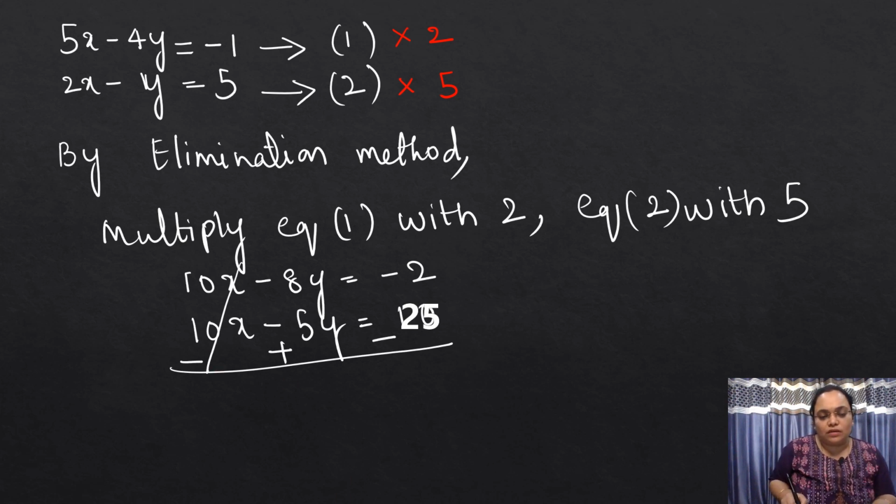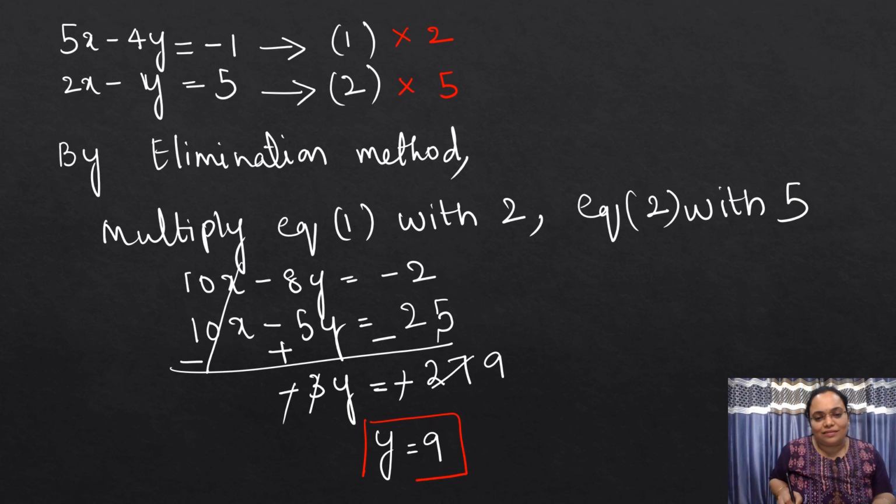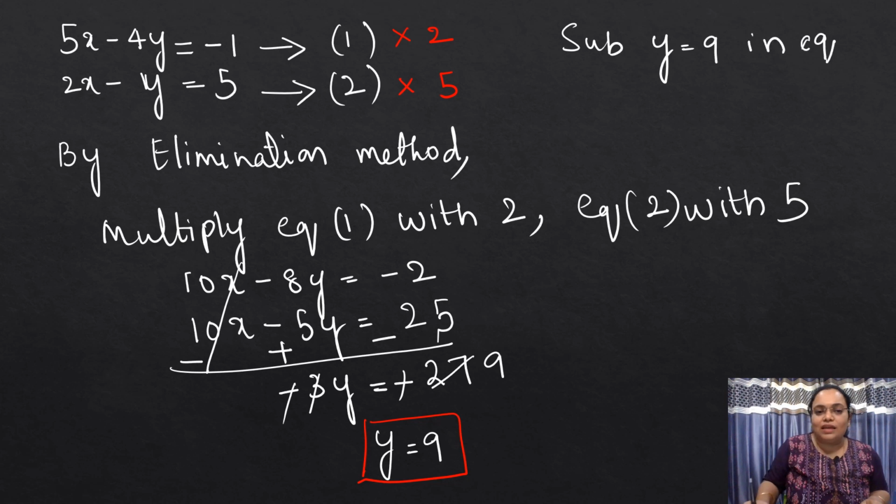This will be minus 3y equals minus 27. So minus minus gets cancelled. 3 ones, 3 nines are 27. So what is the y value we have got? y equals 9. The y value is 9. Substitute y equals 9 in equation 2.